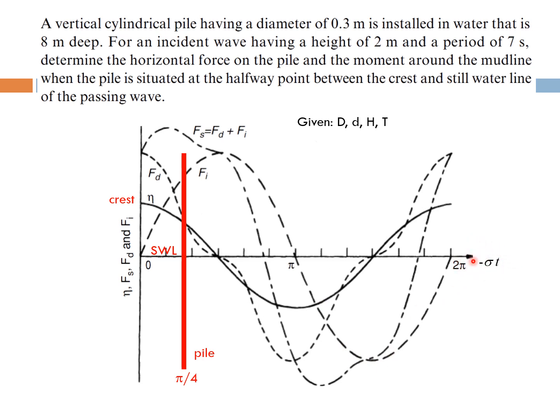It no longer changes with space. And we want to look at this specific time when the pile is between the crest and the still waterline. It's halfway between these two points. So in the phase angle axis, if this is 0, this is pi over 2, so this location right now is given by a phase angle of pi over 4.